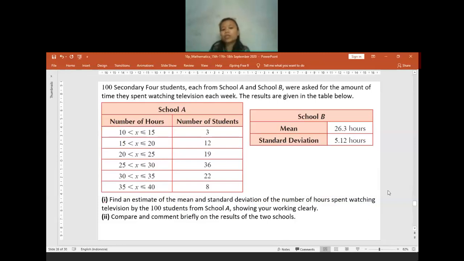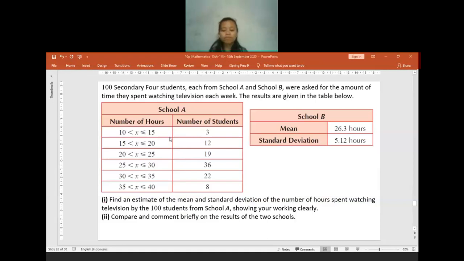Because the data is given in a range, for finding x we need to find the midpoint. Can anyone tell me for the first interval what the midpoint is? Just to check if you still remember. Tell me how many it is, not only how you find it, so I can check if you really still understand how to calculate.